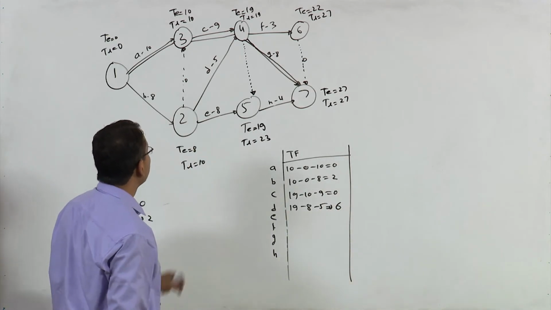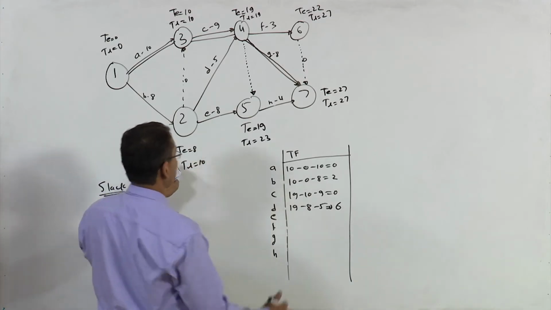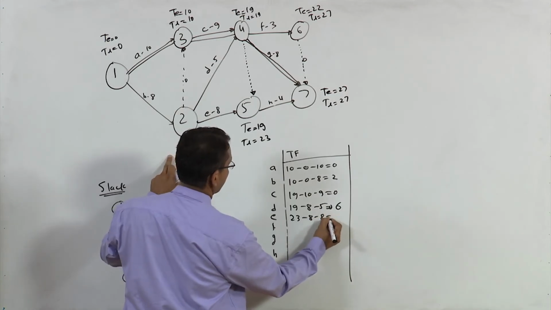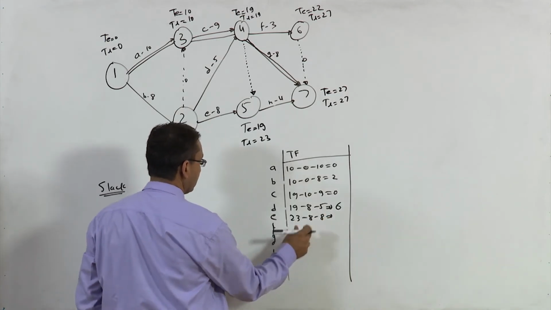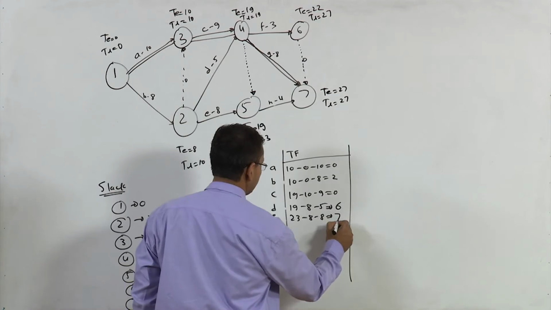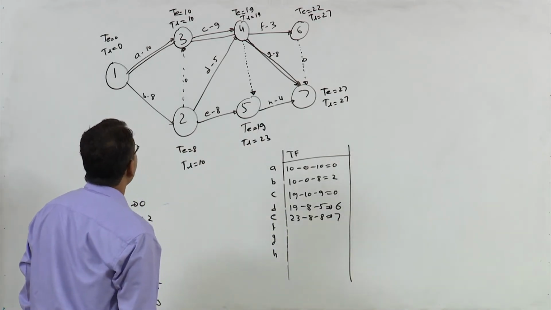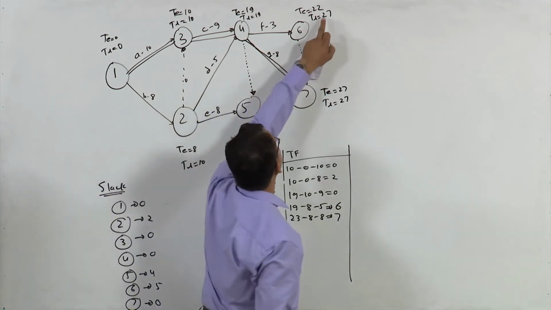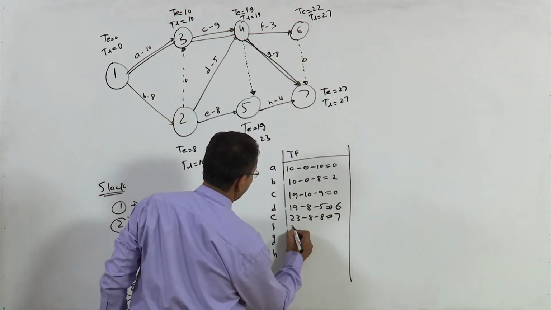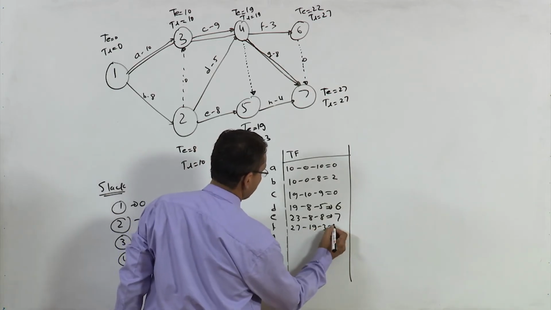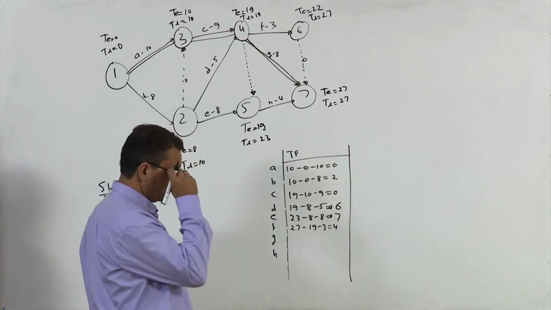At E, TL minus TE, so this is 23 minus 8 minus 8, 16, right? So 23 minus 16 is 7, right? For F, TL minus TE, so 27 minus 19 minus 3, so this is 4, right?